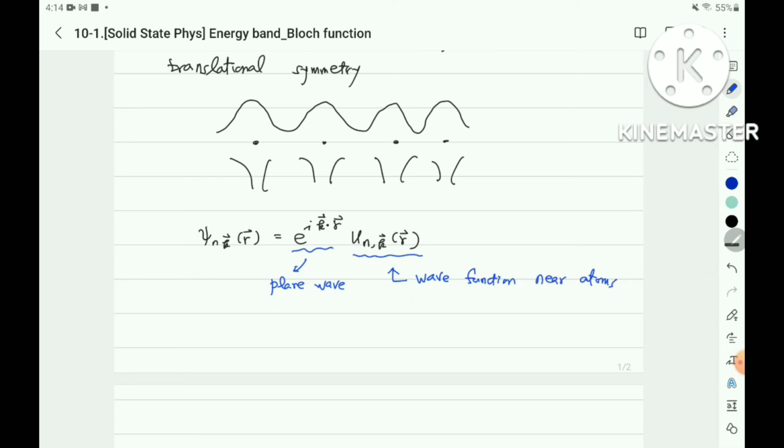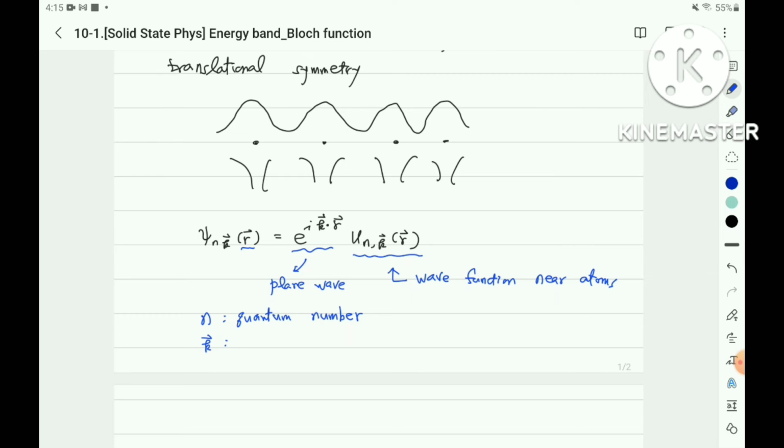There are two quantum numbers: one is n, and the other is the k vector. The vector r represents the displacement, and n is a quantum number, because in the ionic potential there are quantized energy levels. Therefore, n should be considered a quantum number.